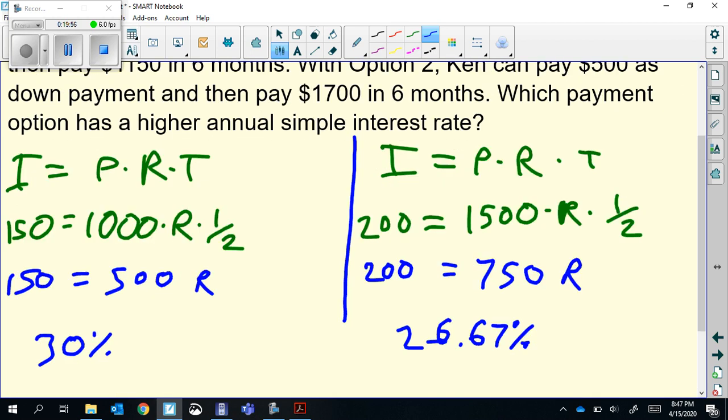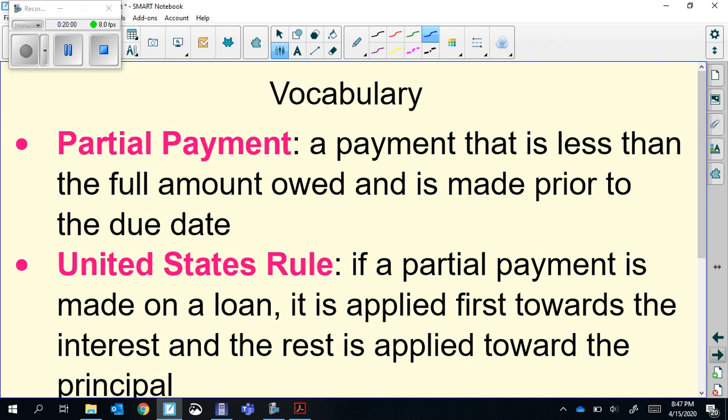All right, some more vocab. We have partial payments if you pay less than the full amount. Typically, that's what you would see for a car loan or a home loan, a mortgage, things like that. Most times you don't pay the whole thing, you just pay a monthly payment.